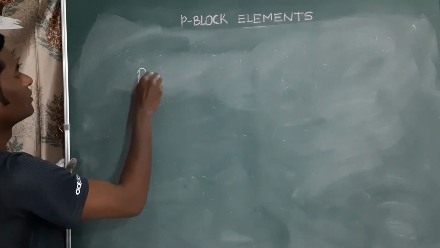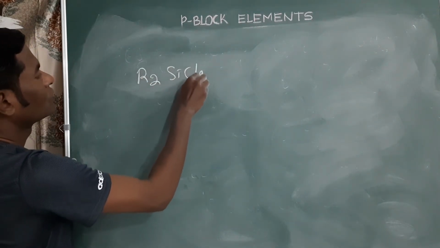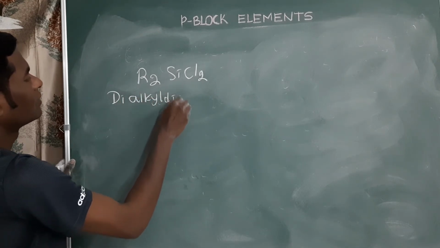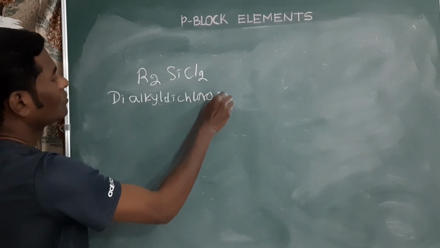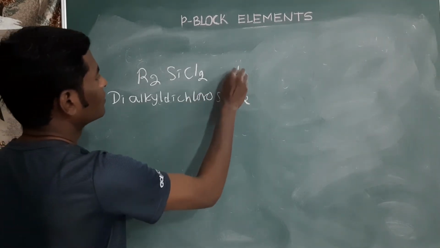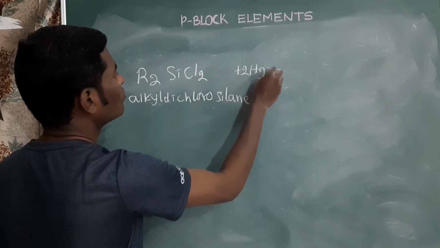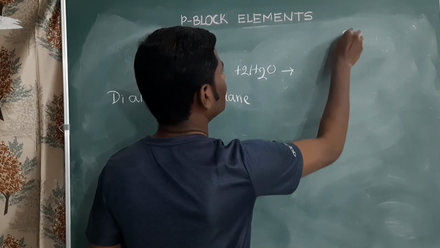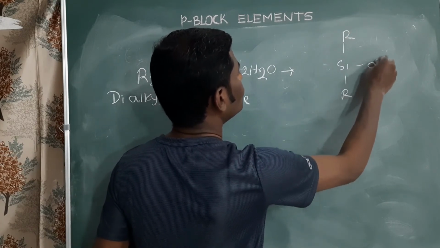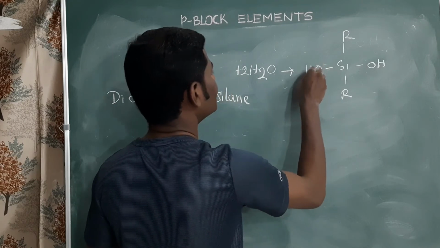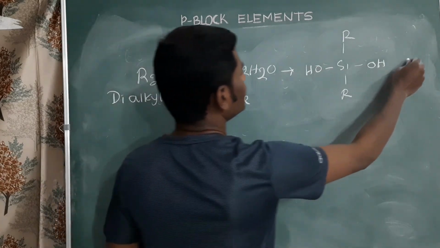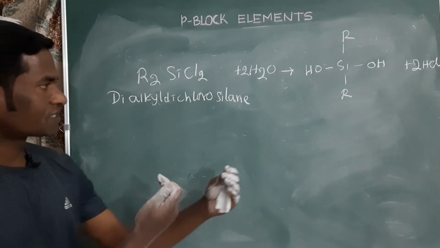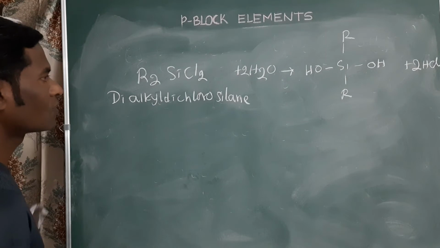Dialkyl dichlorosilane is hydrolyzed with 2 molecules of water, and we will get 2 hydroxyl active side chains plus 2 HCl. This active side chain hydroxyl group extends the chain structure, and we will get a long polymer chain.